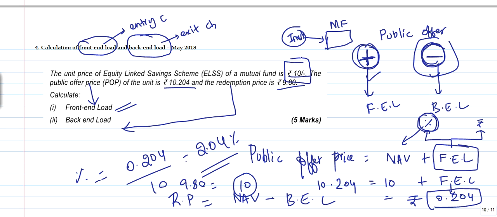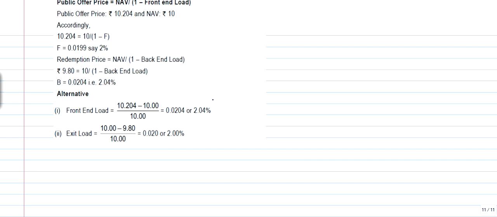So we have to assume the NAV for opening and closing is 10. 10 minus backend, we have to find out. So it will be 0.20. Percentage, 2%. So 2.04 percent front end, and 2% exit load.